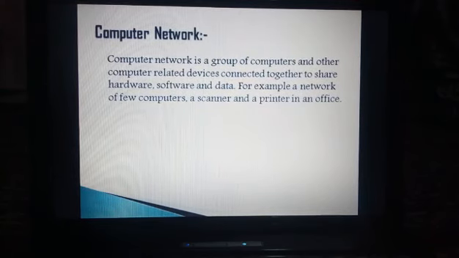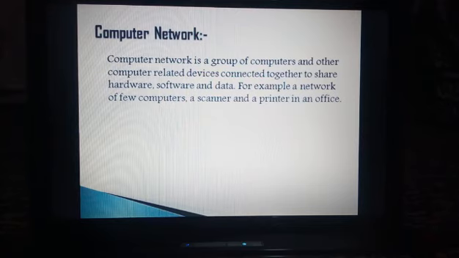A computer network is a group of computers and other computer related devices connected together to share hardware, software, and data. For example, a network of a few computers, a scanner, and a printer in an office.